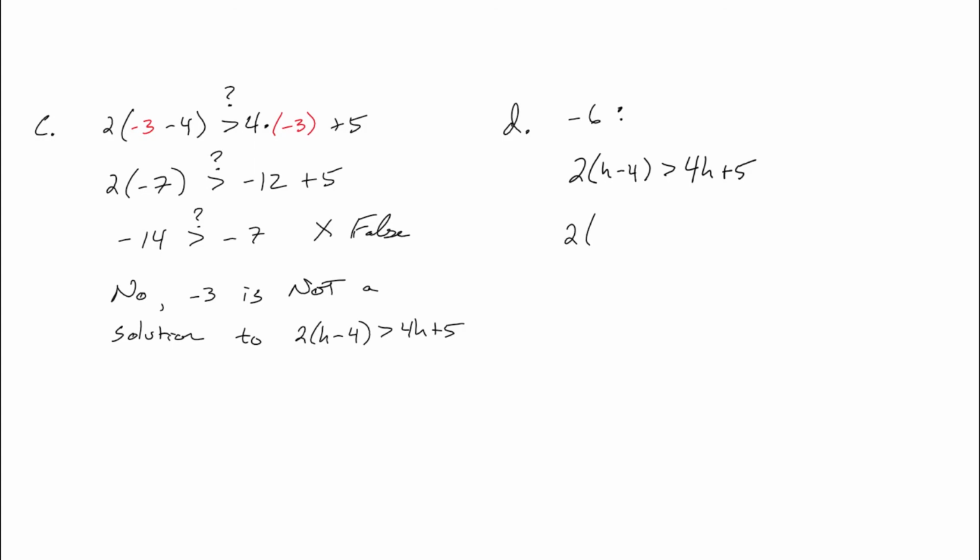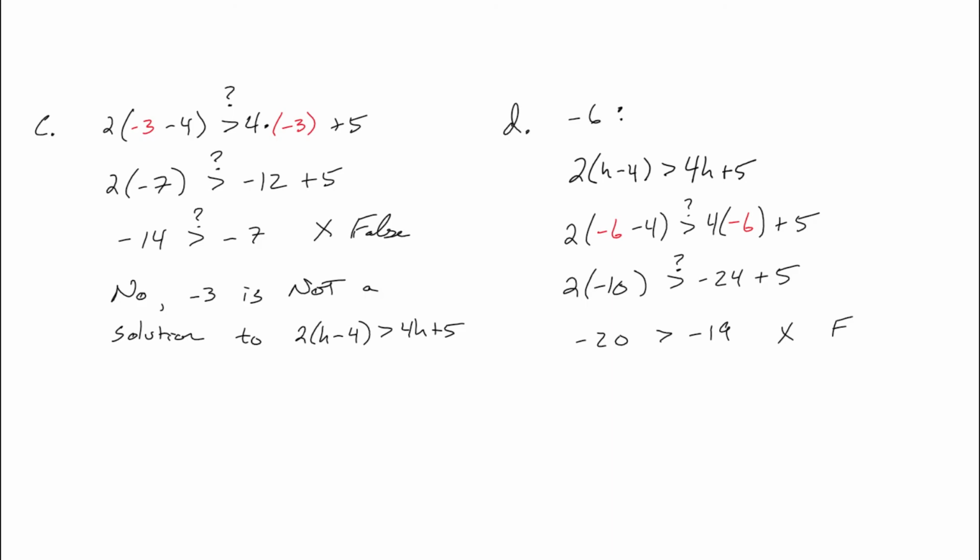So 2 times negative 6 minus 4, is that greater than 4 times negative 6 plus 5? I'm really wondering if this is going to be a solution. I like the suspense here. 2 times negative 10. So far we haven't gotten any. 2 times negative 10, is that greater than negative 24 plus 5? We get negative 20 is greater than negative 19.